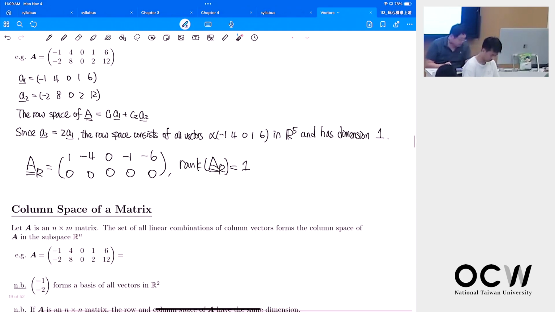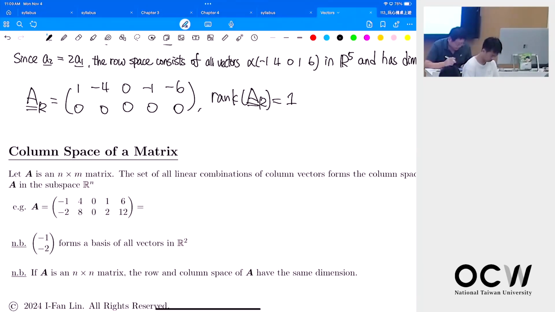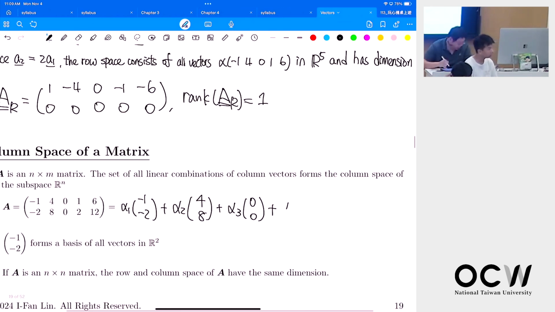In this case, the matrix A is alpha 1 (-1, -2) plus alpha 2 (4, 8), alpha 3 (0, 0), alpha 4 (1, 2), and alpha 5 (6, 12).